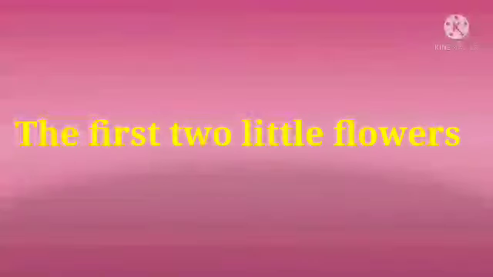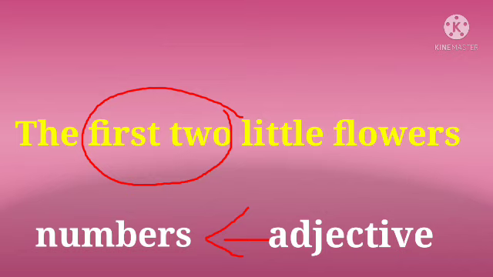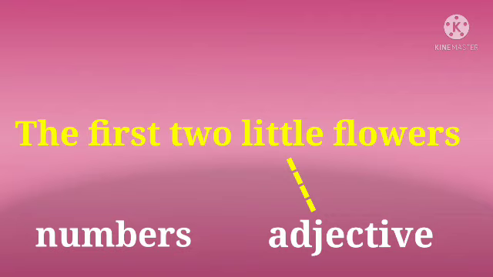The first two little flowers. In this phrase, you mark here, numbers come before the adjectives. Here numbers like first and two come before the adjective little.